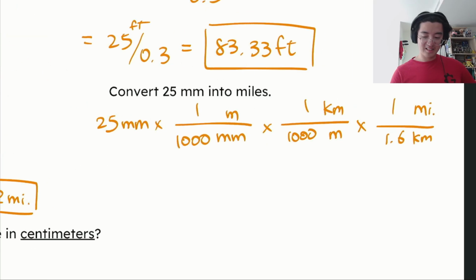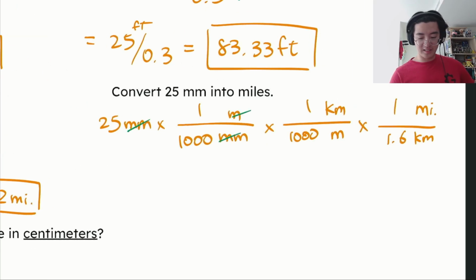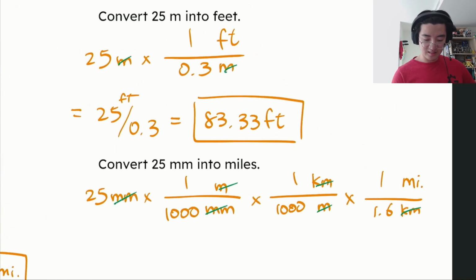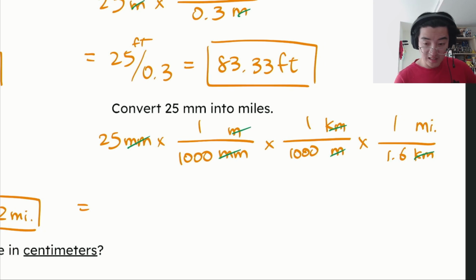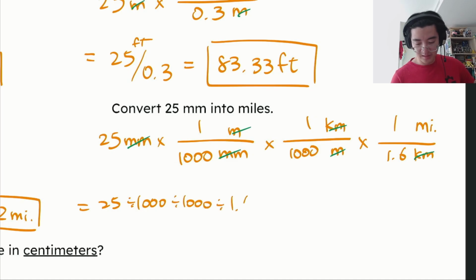Fun, isn't it? Let's cancel the millimeters, cancel the meters, cancel the kilometers. So it's 25 divided by 1,000, divided by 1,000, divided by 1.6, which is 0.00002 miles, rounded of course.